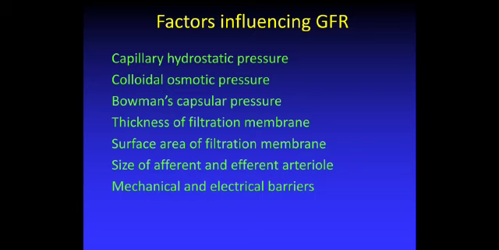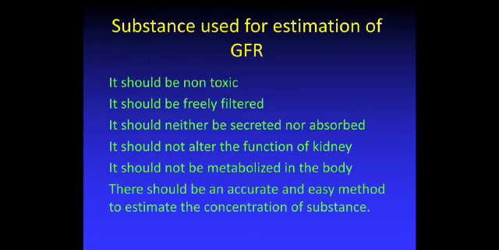The thicker the membrane, the less the filtration. The surface area, the size of the afferent and efferent arterioles, the size and charge of the molecule, and blood flow also matter. So there are filtering forces and opposing forces.